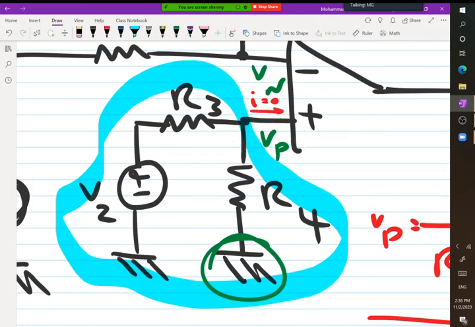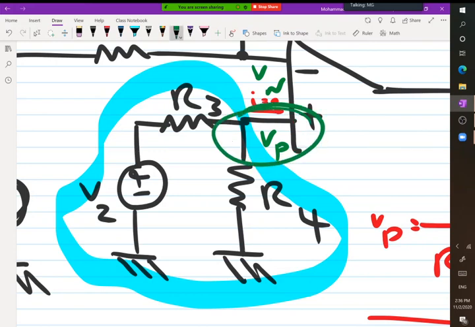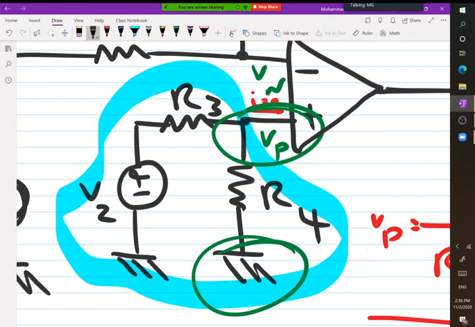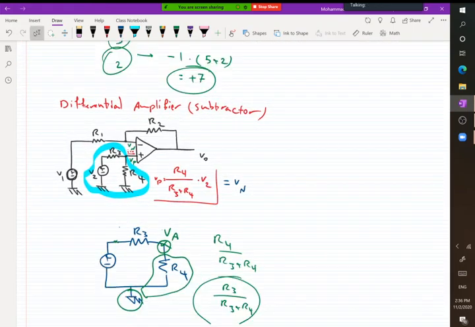If we use R3, in fact, we find the voltage difference between these 2 points, which we don't need. We need the voltage difference between this point and the ground. Okay, so it's the reason we use R4. Okay, so let's continue.